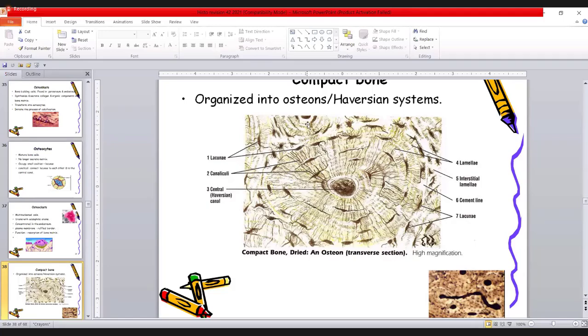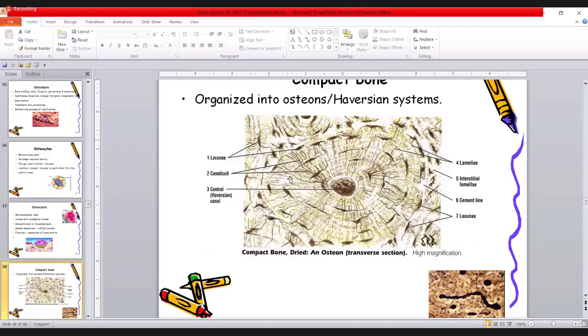circumferential lamellae. The lamellae that go around the Haversian canal, that is concentric lamellae. What is the other type? Looking at this diagram, you can't tell.